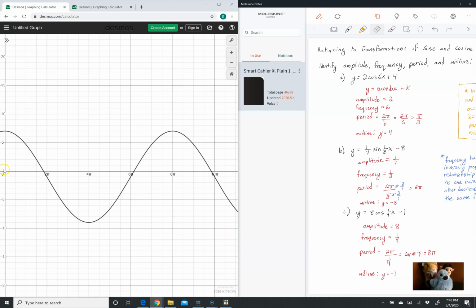Sine starts at 0 and cosine starts at 1. So we're not really doing distance between minimums and maximums. We're saying, what is one full wave going from, for cosine, 1 back to 1, and for sine, 0 back to 0. Okay.